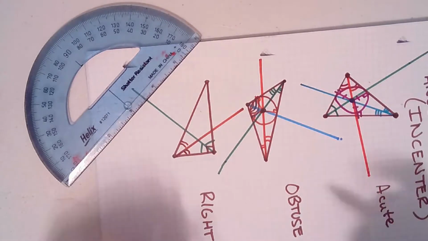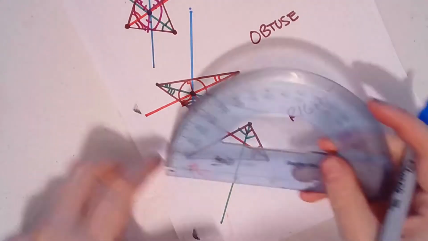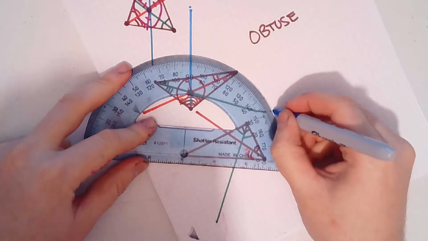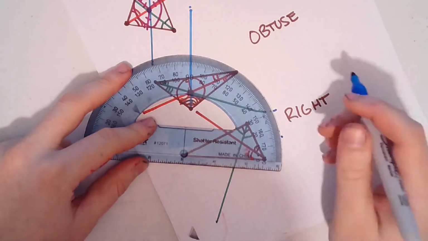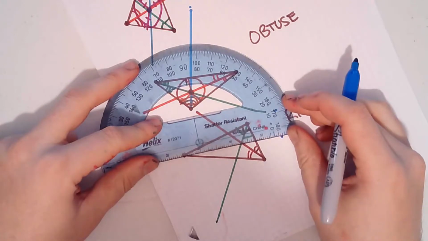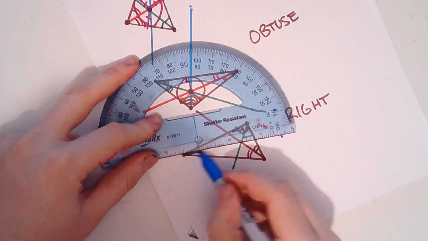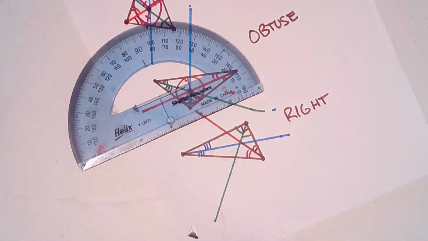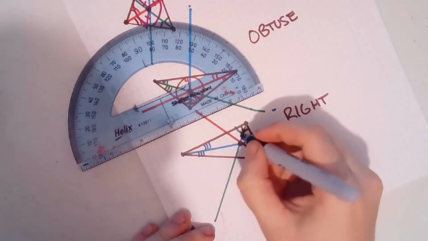And then if I do this last angle here, I can find that this measure is also about 30. So if I cut that in half, I get 15, which is about here. So I draw a line between those two dots, and that'll cut that into two 15-degree angles, bisecting it. So we have our three bisectors, all intersecting at a central point right here, and that'll be the incenter of our triangle.